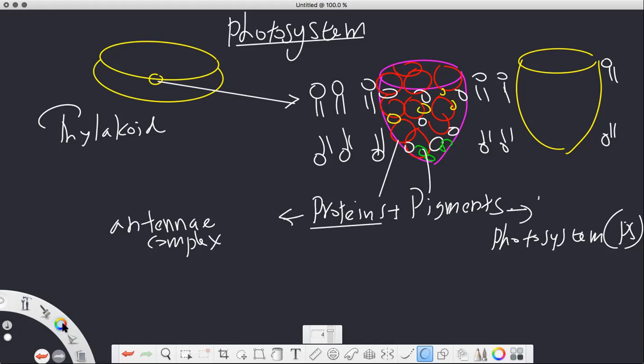Now, pigments are of two types. We can find the primary pigments, and the other one is called accessory pigments. So A, primary pigments, B, accessory pigments. Now, why do we have two different pigments? Because of their color and their role in photosynthesis, we divide these pigments into two.